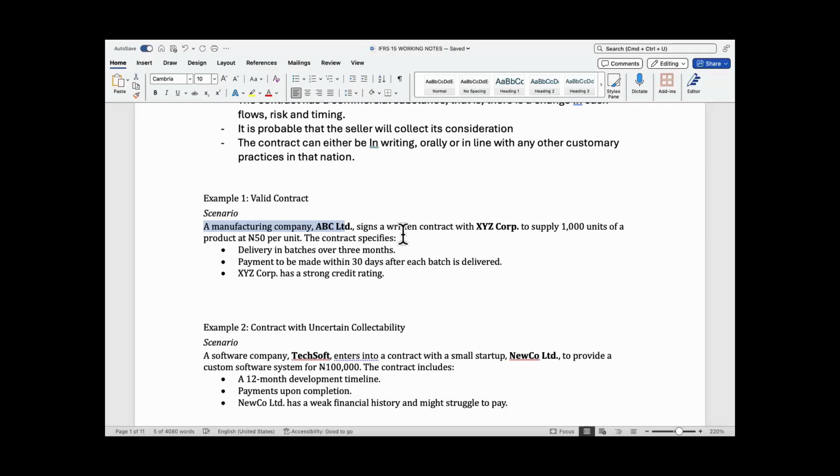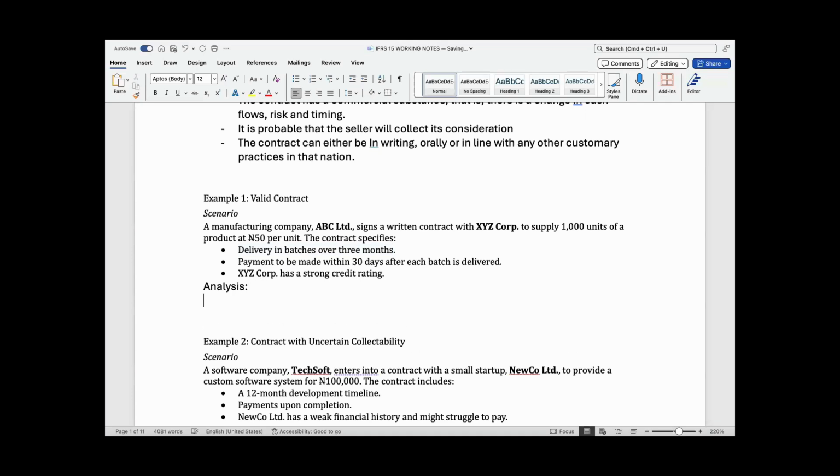The contract specifies delivery in batches over 3 months and payment to be made within 30 days after each batch is delivered. And XYZ Corp has a credit rating. If I want to analyze this scenario, I'll tell them that the above contract includes the following elements.